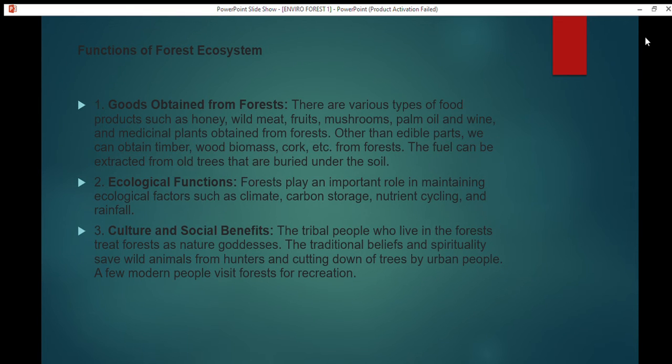Now, functions of forest ecosystems. Goods obtained from forests: there are various types of food products such as honey, wild meat, fruits, mushrooms, palm oil, and wine, and medicinal plants obtained from forests.